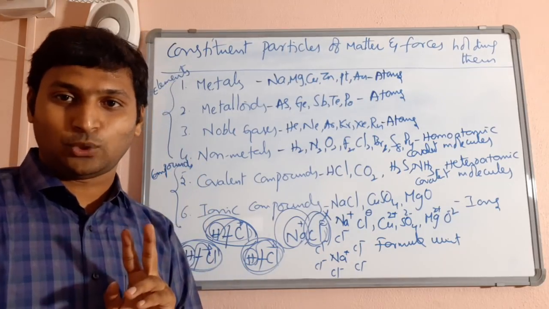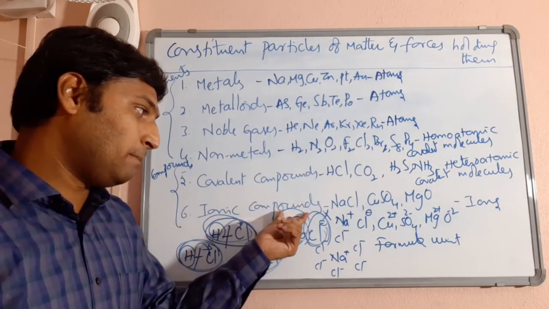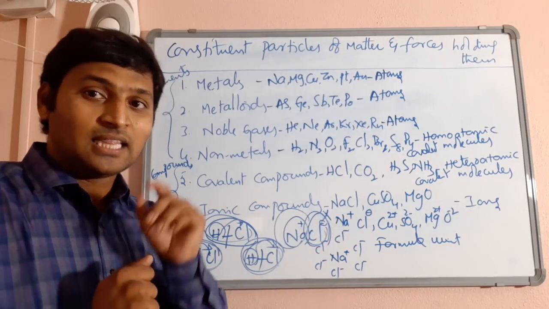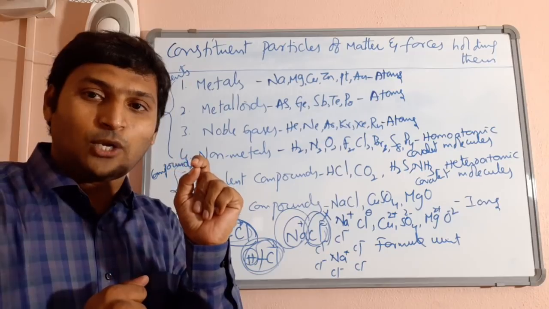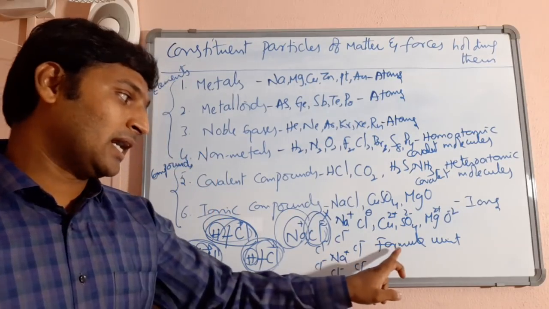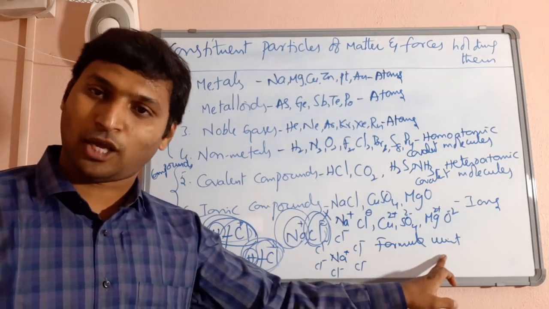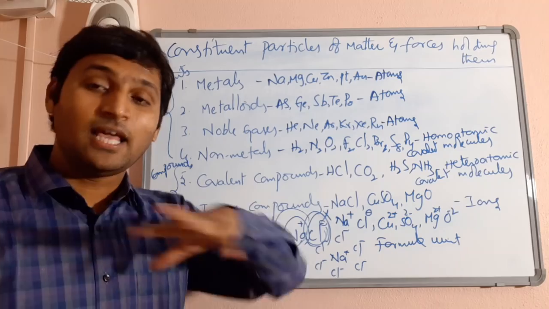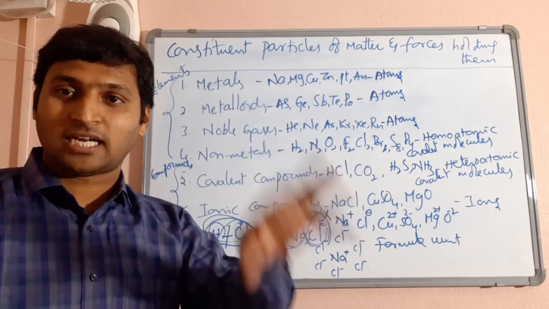The last important point I told you was, in ionic compounds, all the ions are packed in such a way that each individual particle you can recognize is an ion and none of them are absolutely independent. So you can't call them molecules, you can only call them formula units. And its physical properties are decided by the electrostatic force of attraction called ionic bond.